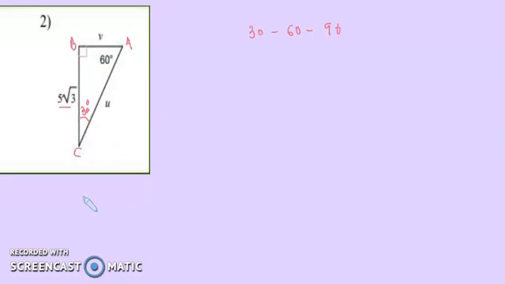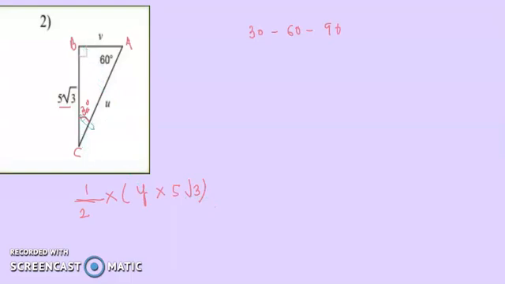So what is the formula for area? Area is half times product of two sides that form 90 degrees. So product of V times 5√3, because these two sides AB and BC form an angle of 90 degrees. So we have to multiply these two sides. That is area equal to this much.